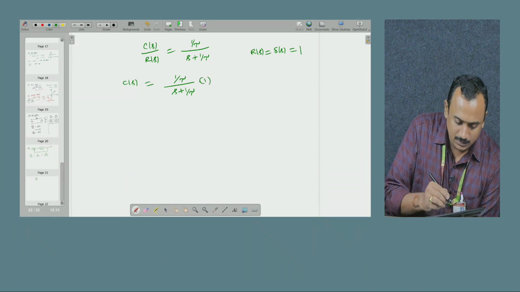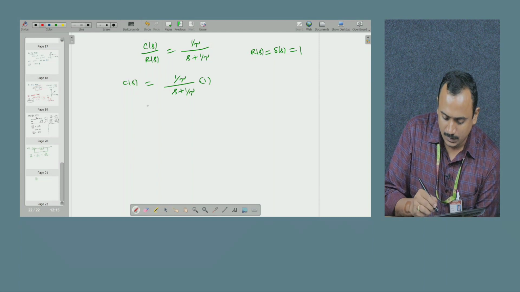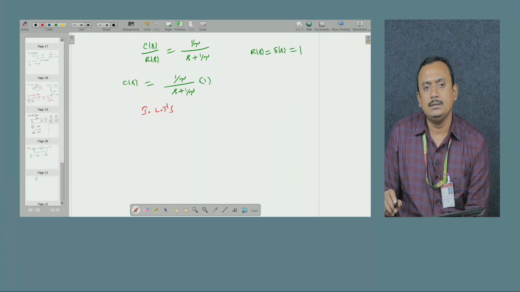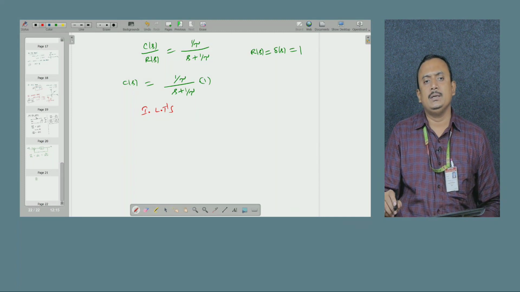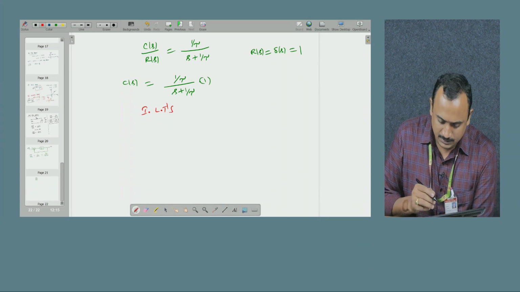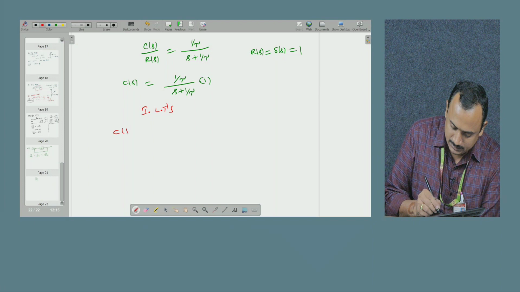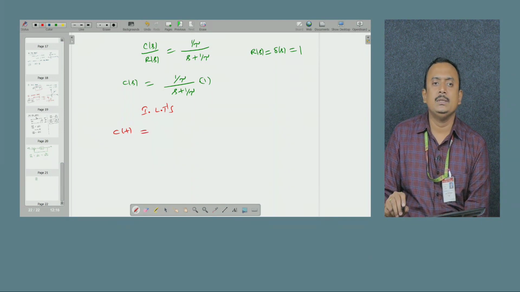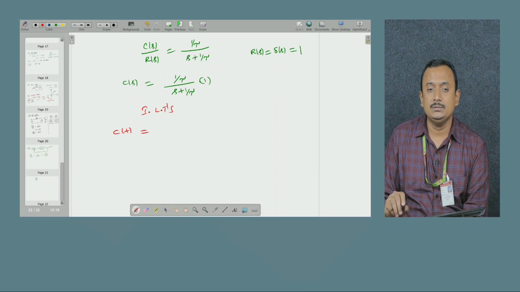Now if I apply the inverse Laplace transform, because here the term is like 1 by S plus A, in this case we can directly apply the inverse Laplace transform. C of S becomes C of t, since the inverse Laplace transform converts the given S domain into time domain.